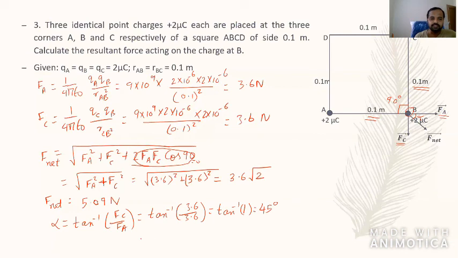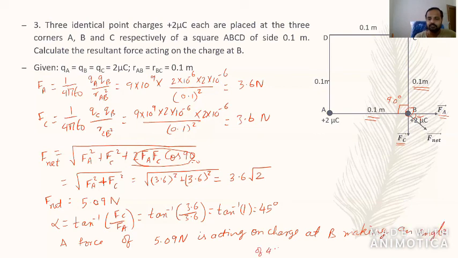So the net force is nothing but the 5.09 Newton. Okay. So here what is happening is a force of 5.09 Newton is acting on charge at B, making an angle of 45 degree with the AB. Okay, so this is how we solve for such kind of problems.